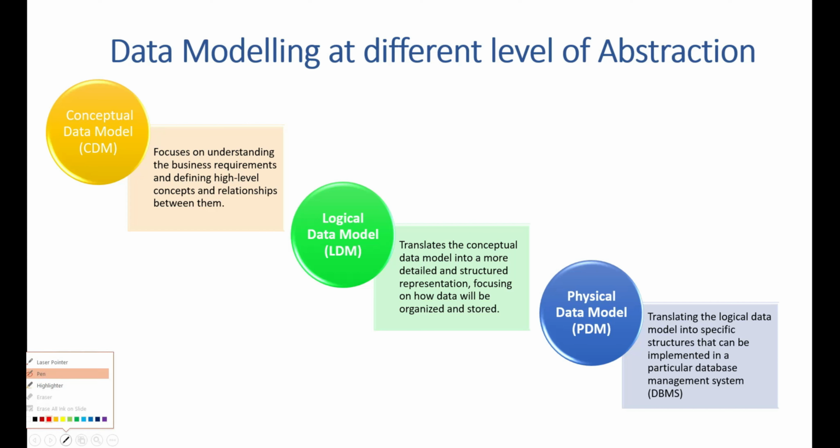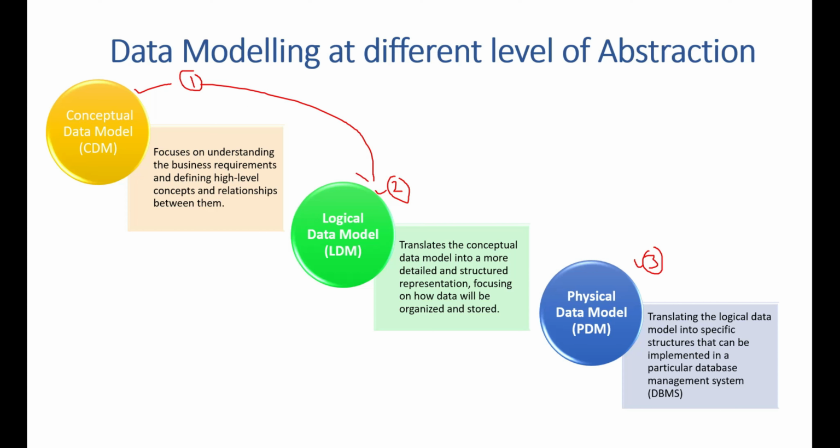If you clearly see the sequence, the conceptual model will always be first, later we can have a logical model, and the third one is the physical model. It should always be sequential: first a conceptual model, then a logical model, and then a physical model.